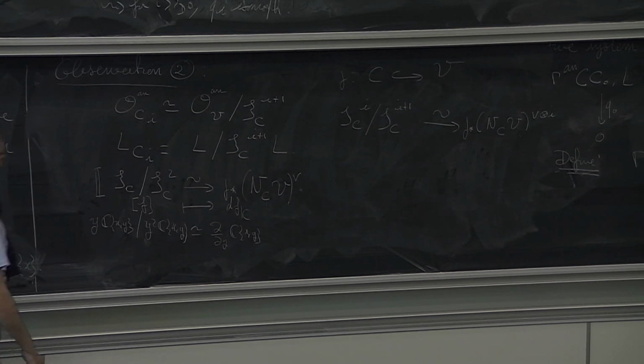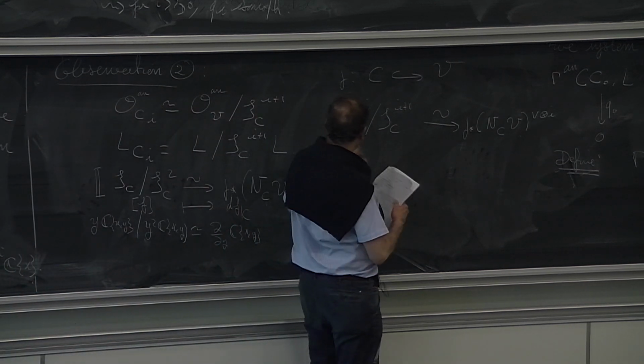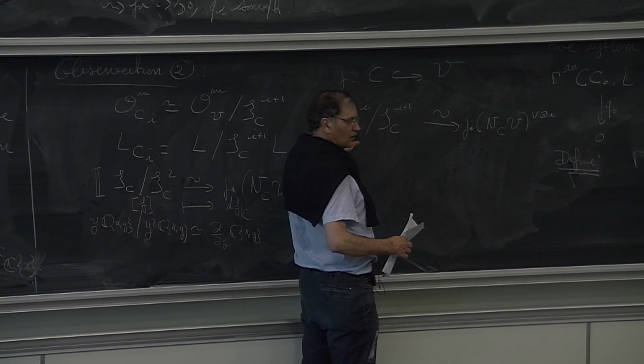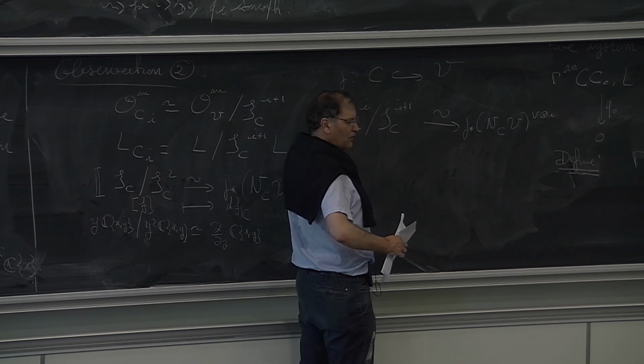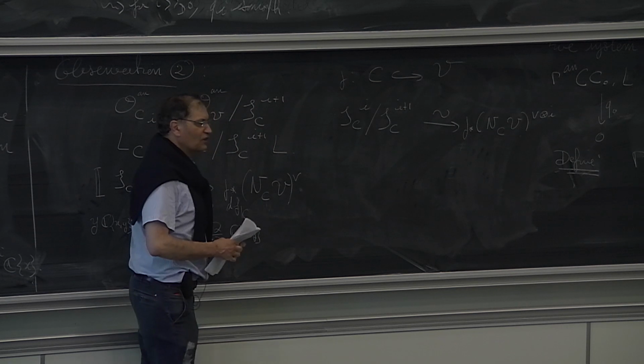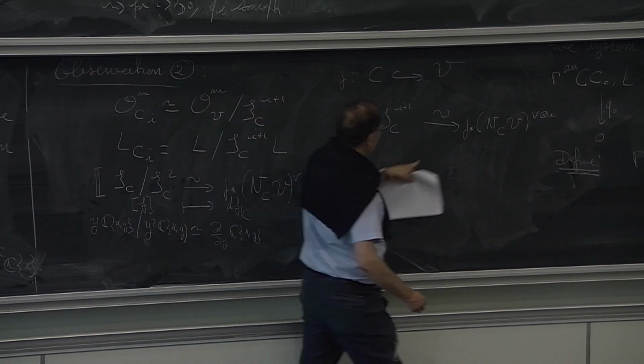If you want, you take a function f that vanishes to i-th order along the curve, and you look at the i-th term of its Taylor expansion, the first possible non-vanishing term, and it gives you an element of this.